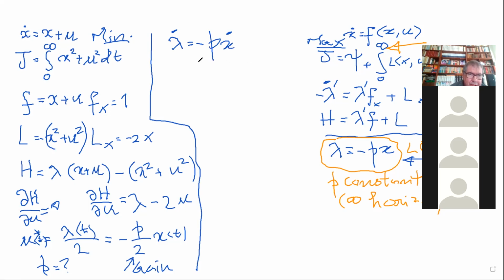Now, the trick is that in the end I want to have some expression in p times x equal to 0, and this implies that this must be 0. So you get an equation for p in this way.